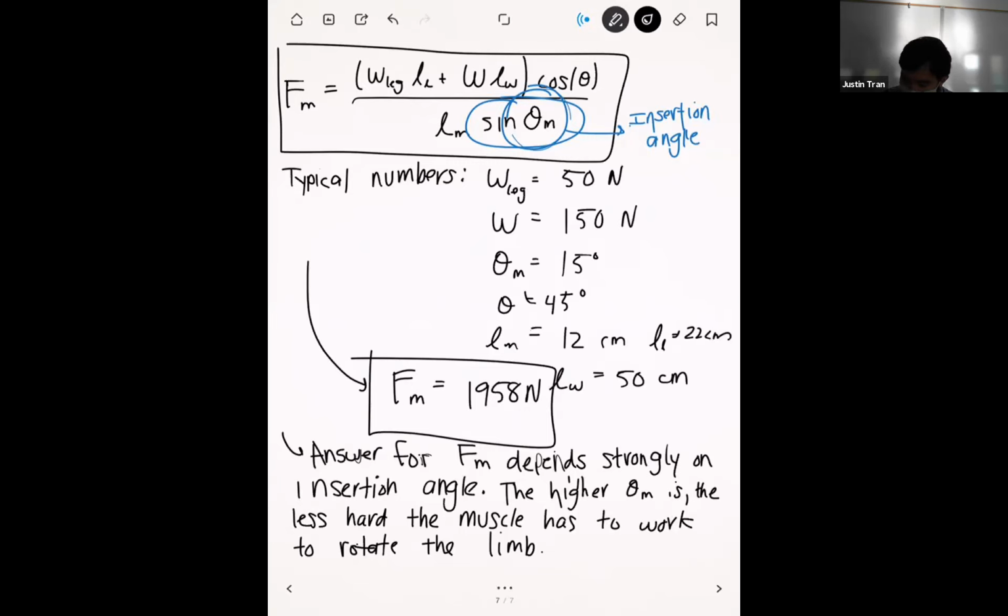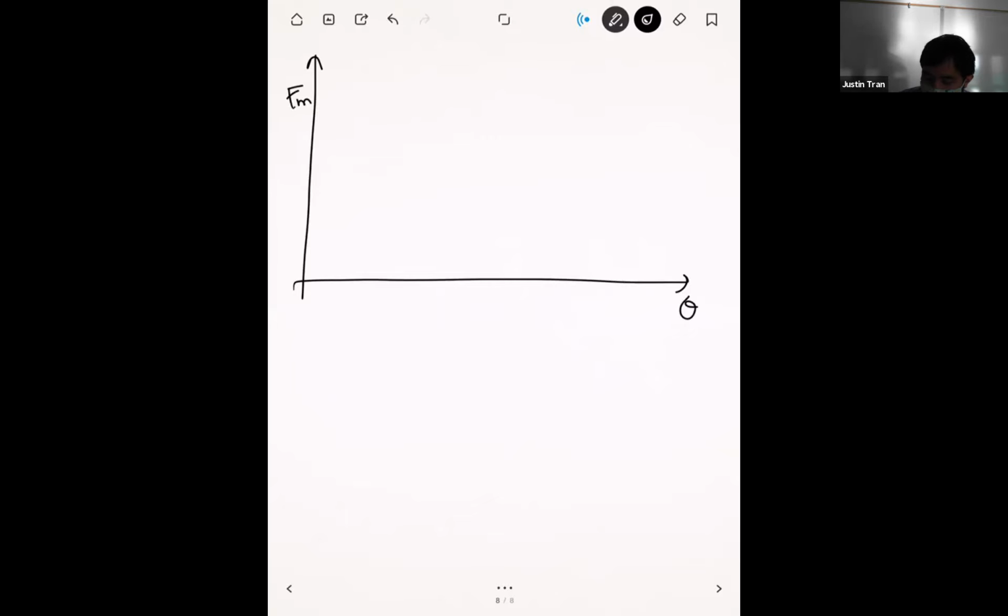Okay. All right. So let me go ahead and draw a graph really quick. If we draw a graph of how the FM varies with theta, it looks a little something like this. If you have a theta of 0, which is not possible, but theoretically we can think about it, so your muscle made no angle of attachment, so it's basically parallel to your limb, then there's nothing the muscle could do to ever rotate your limb.